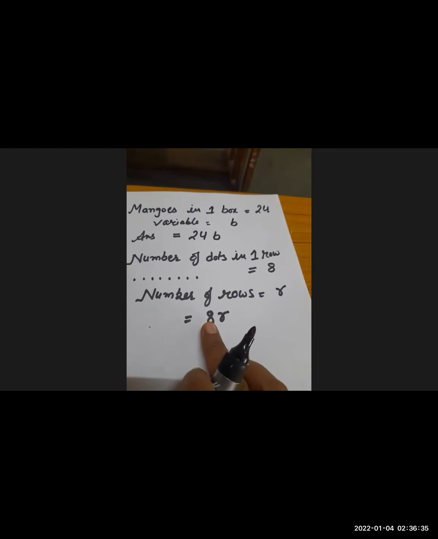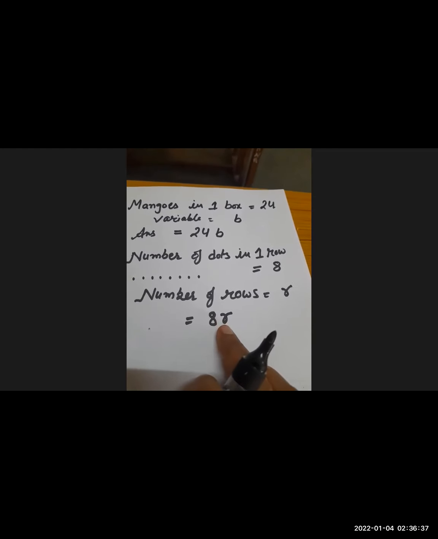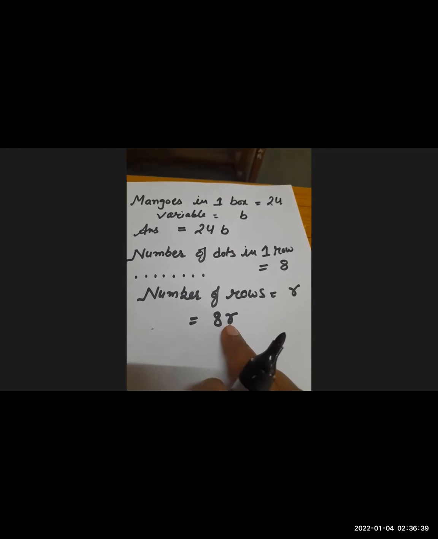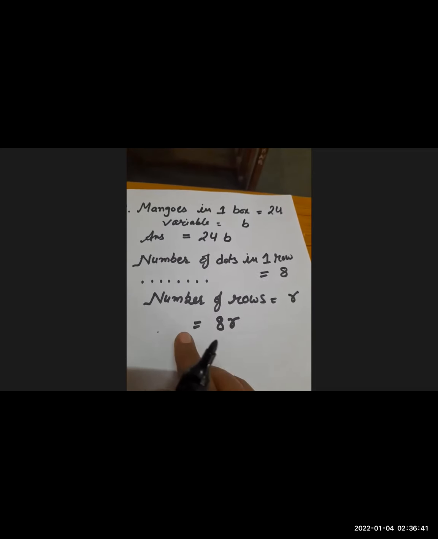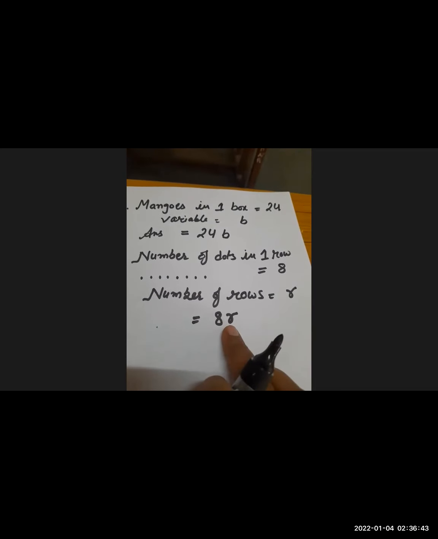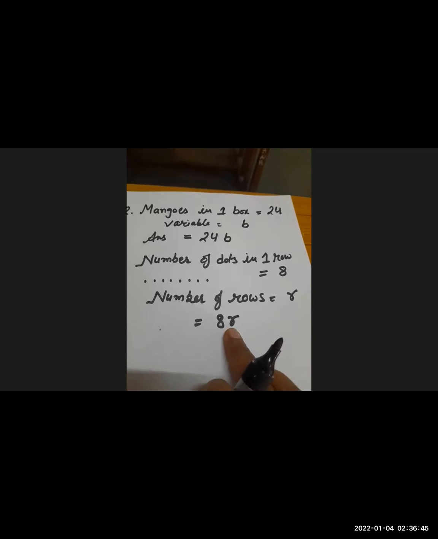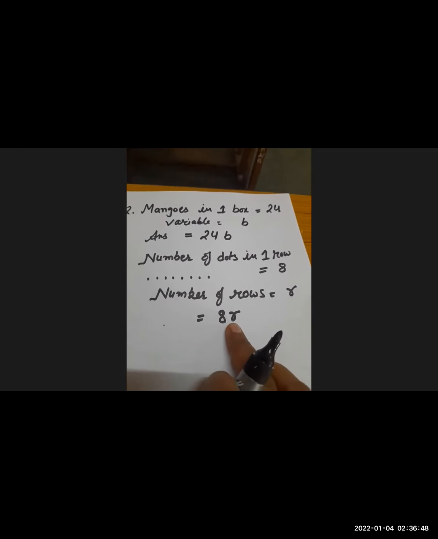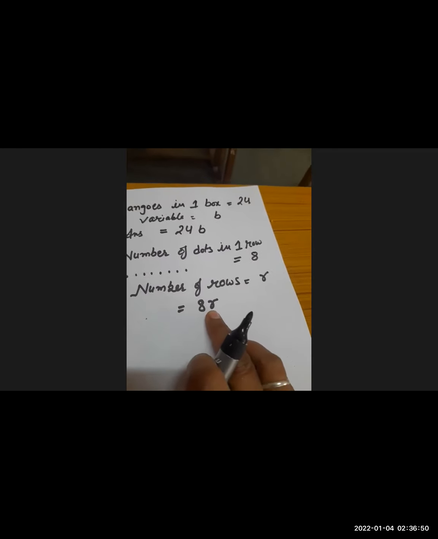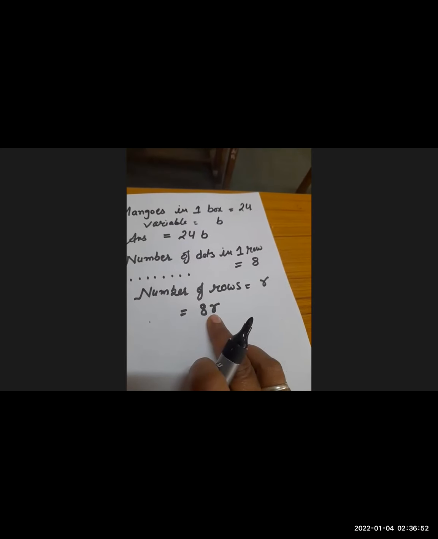Here 8 is number of dots in one row, and R stands for number of rows. So rule is 8R. Clear, students? Now next part is how many dots are there if there are 12 rows.